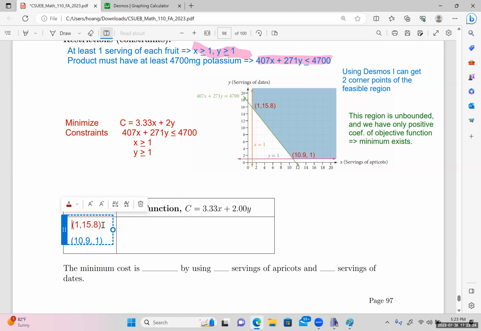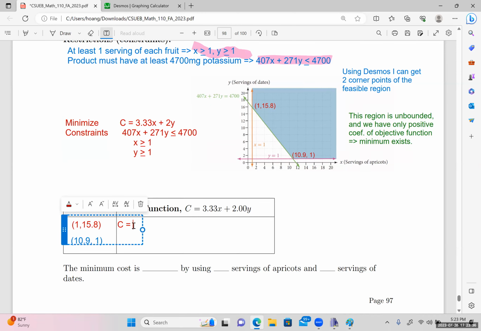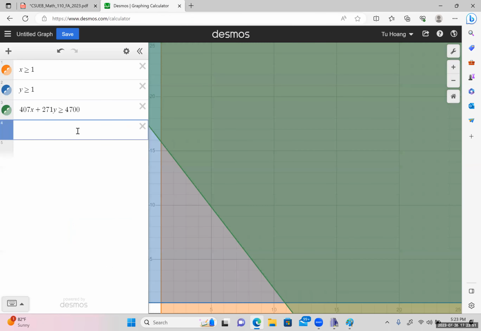Okay. So for the point 1, 15.8, I got the cost equal to this guy, but X now changed to be 1 and Y now changed to be 15.8, right? So according to this, you will have $34.93 as the cost.